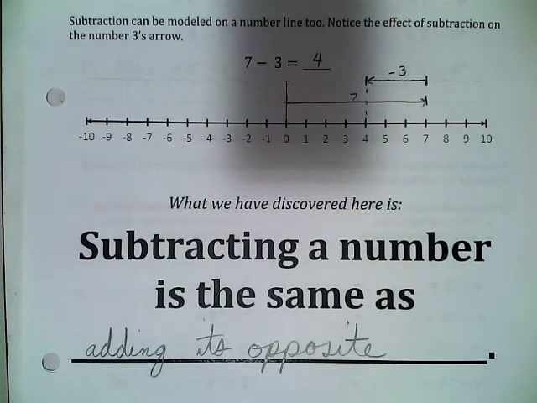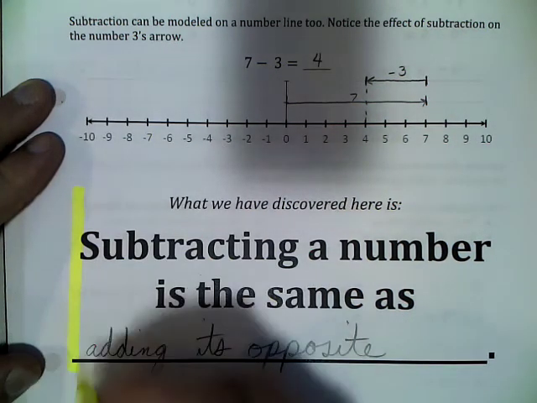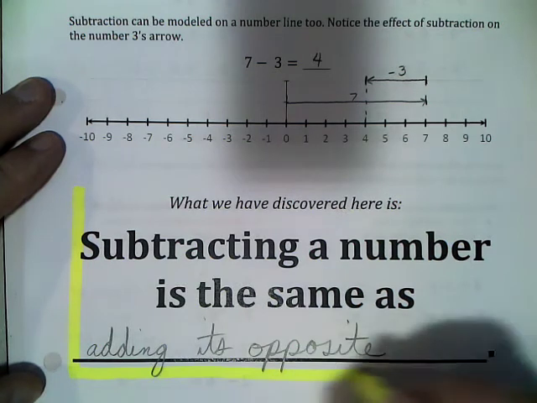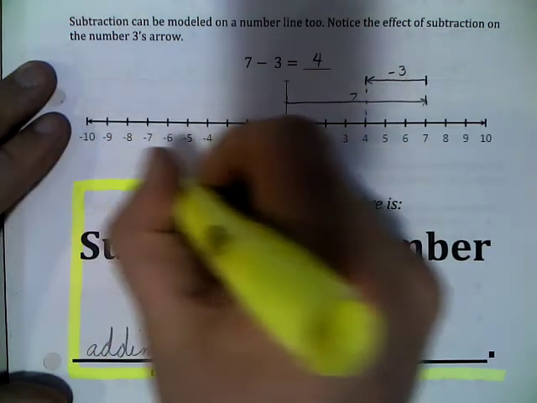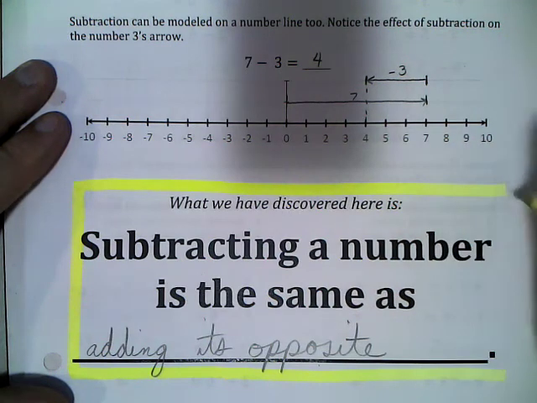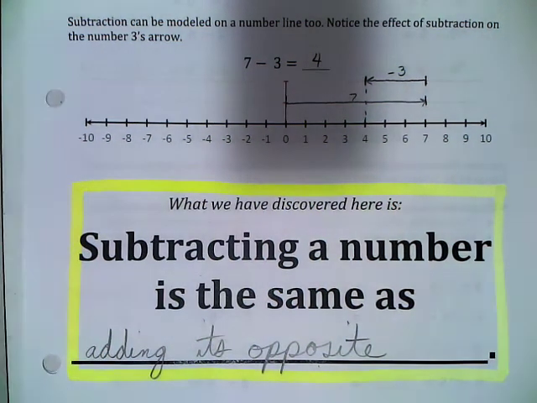And now, ladies and gentlemen, this is a super important idea, so what I'd like you to do is please grab your yellow highlighter, and we're going to make a nice clear box around this statement. Really see that yellow there. Now, I really, really want to emphasize that this is important.